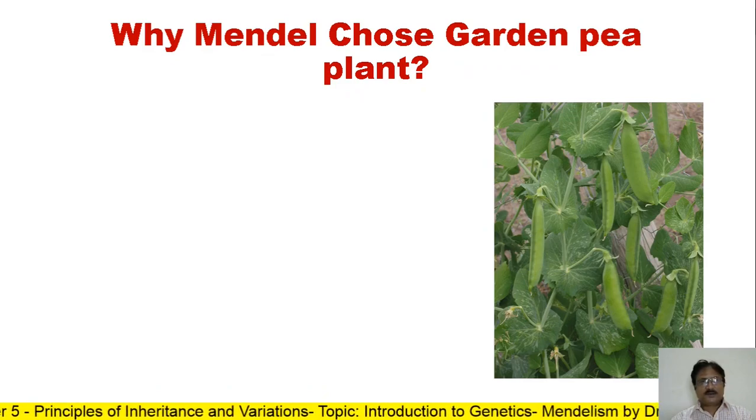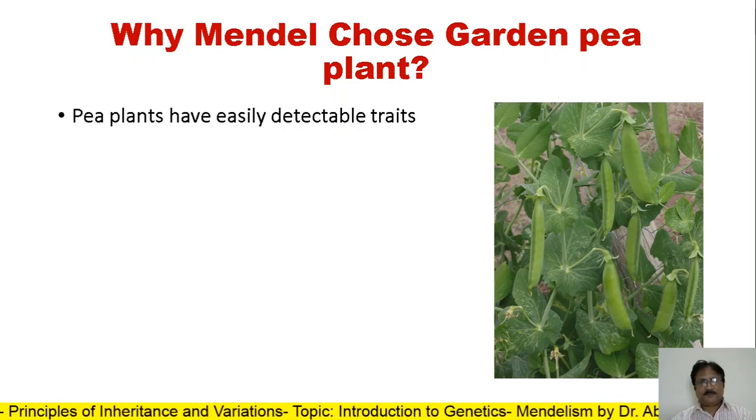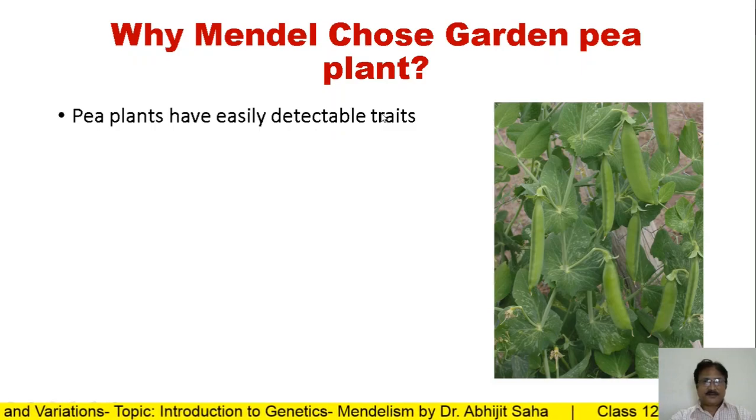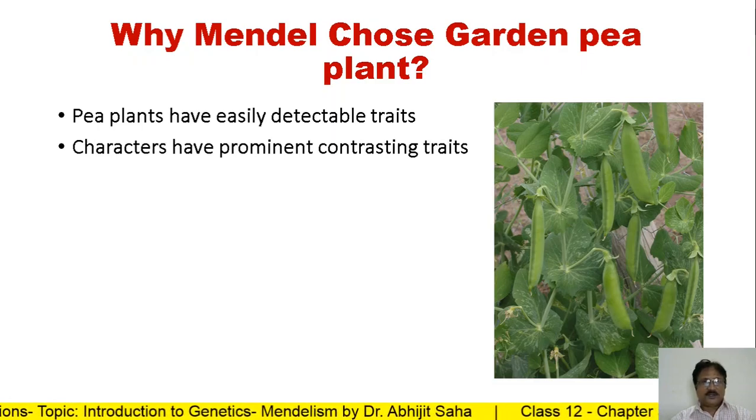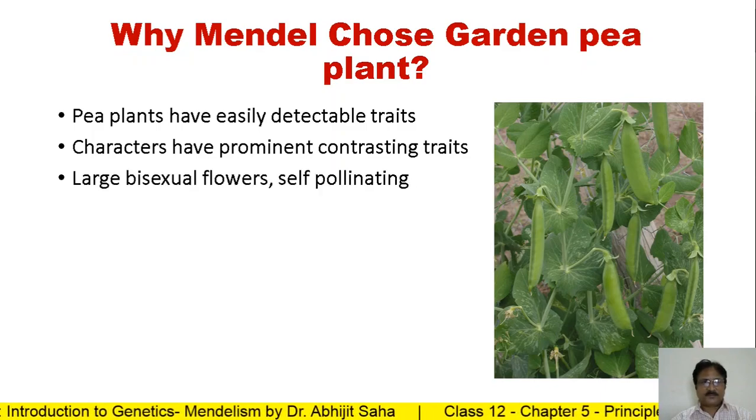Next issue is, why did Mendel choose the garden pea? There are several reasons for his selection. We'll discuss some. You can see here the garden pea. All of us have seen this, and it is a very common plant. It has easily detectable, easily identifiable, and very prominent traits. Each character has contrasting traits, and such contrasting traits are very prominent.